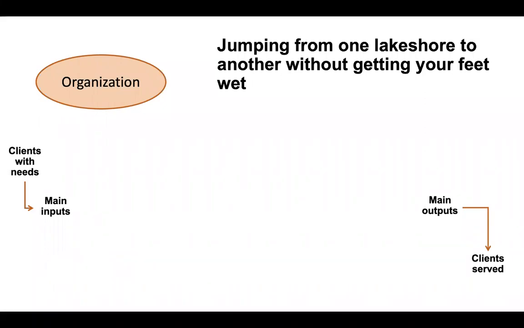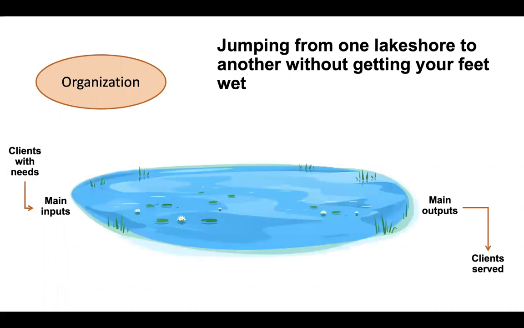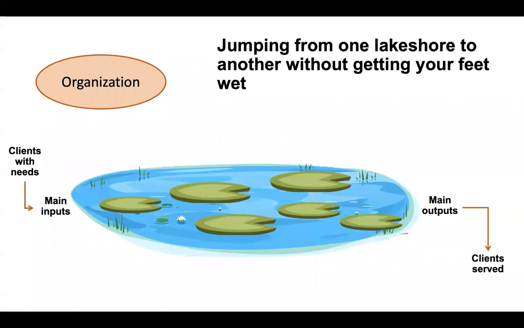For many years, I have liked to visualize the process of modeling the functioning of an organization based on the process approach as if I had to cross a lake or a river from one bank to the other without getting my feet wet. So what water lilies will I have to use to jump around? Your main input is an order from a client. So what main steps can we see until reaching the main output?